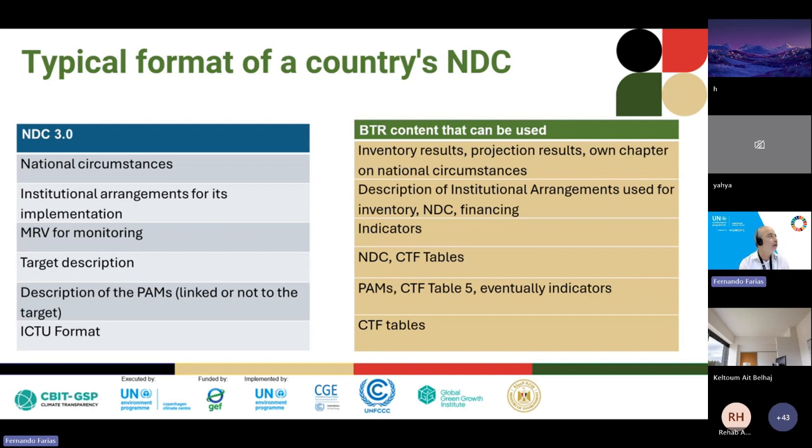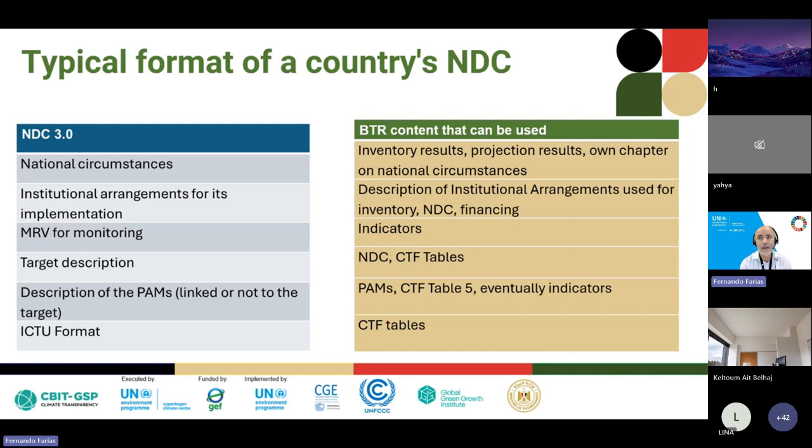And that's the good thing: although between the preparation of the BTR and the preparation of the NDC 3.0 there is not a big gap, this can also be an opportunity to use the elements of the BTR, and for the team that worked on the BTR to be a similar team that will work on the NDC 3.0 of the countries, and also to use the information from the BTRs in the NDC 3.0 and try to see how complicated, for instance, it was to report under the BTR, to take some lessons and make the NDC 3.0 simpler.